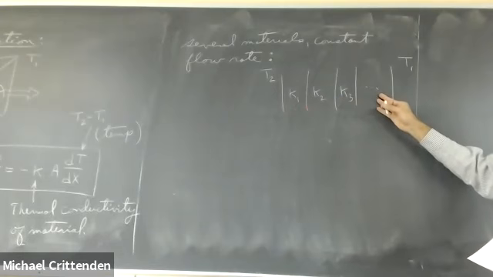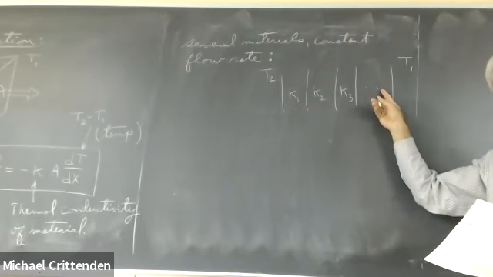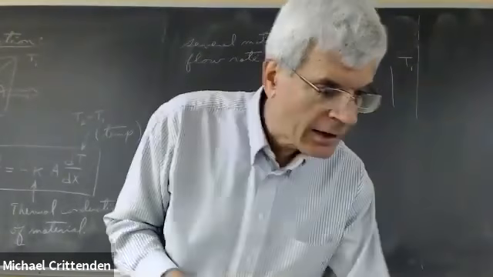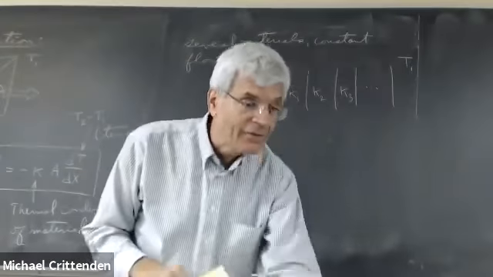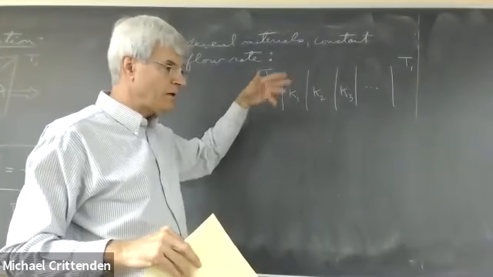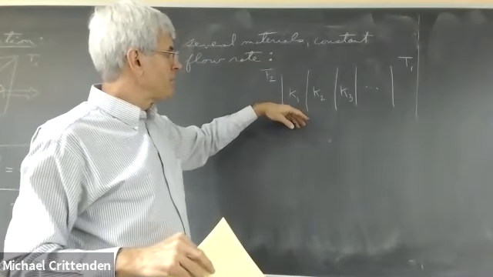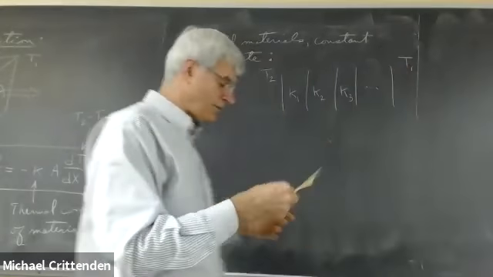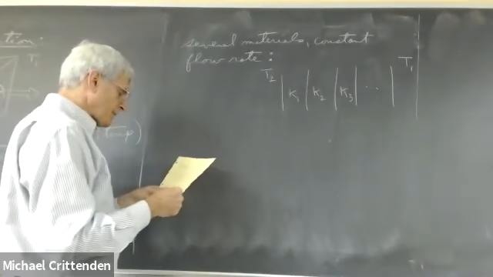I got a bunch of little dots here because I don't want to look like I'm being specific for any exact number of substances. This could be 2 different materials. This could be 29 of them. But the inside surface here is T2 and the outside surface there is T1.